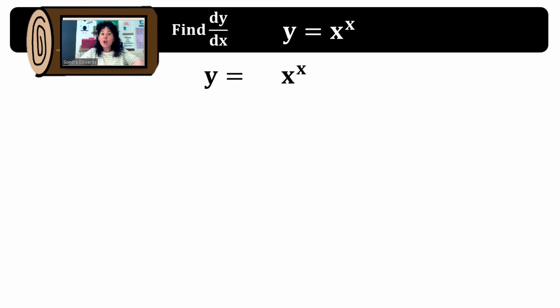Now when I say log both sides, I want to natural log both sides because the derivatives of natural logs are a lot easier than the derivatives of log, even base 10, but any base. So let's natural log both sides. Please be sure to write down in your notes every single time the equation you're working with has a variable in the base and a variable in the exponent, you need to immediately know to natural log both sides.